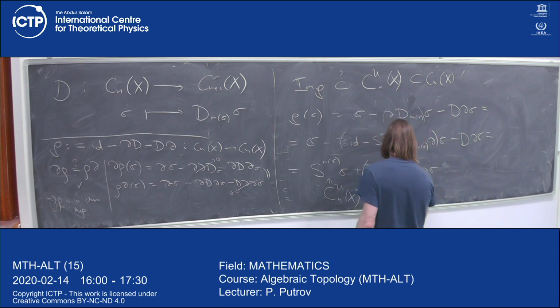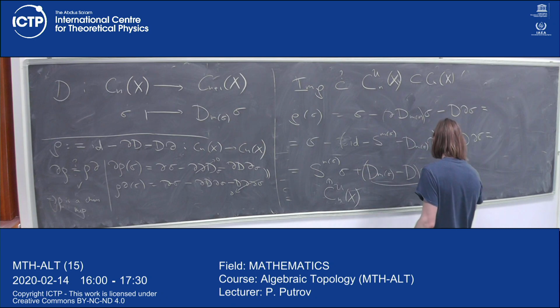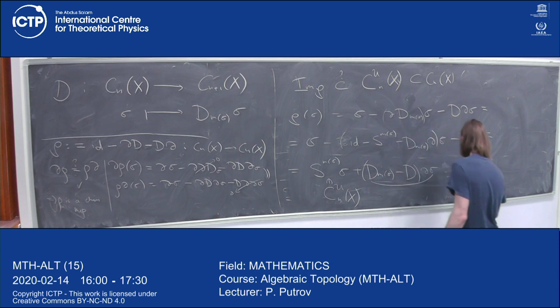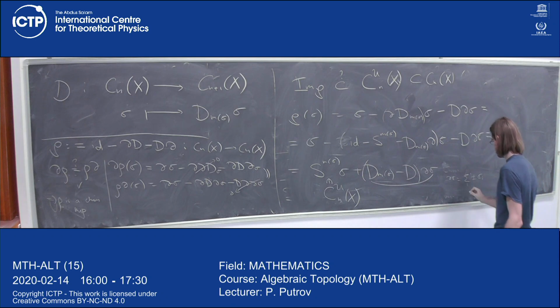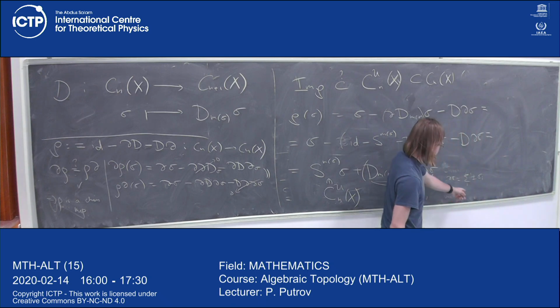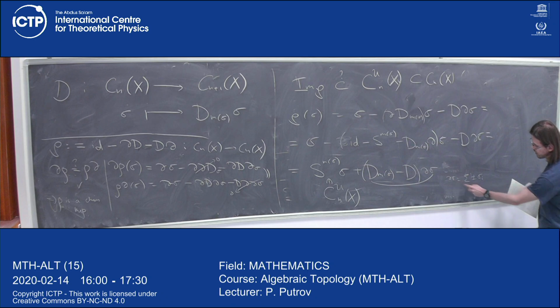So the second term can be understood as follows. d sigma has the following form: the sum of plus or minus 1 times sigma_i, where sigma_i is the restriction of sigma to a face.